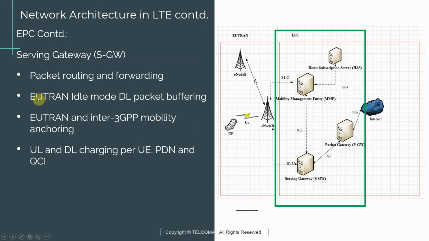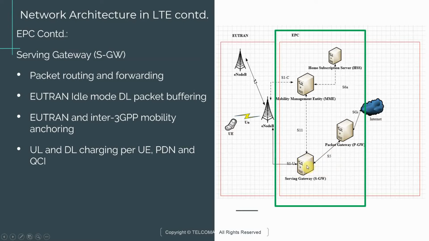The other thing it is responsible for is E-UTRAN idle mode downlink, or DL, packet buffering. So what this means is, say a user equipment is not currently attached to a network, and there is an incoming WhatsApp message for that user. The WhatsApp message makes its way from the internet to the packet gateway to the serving gateway.